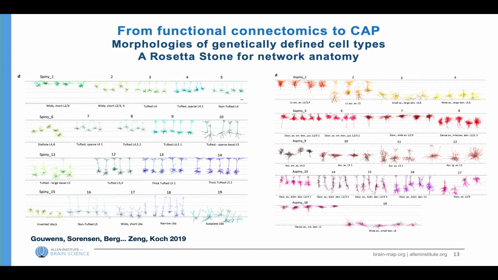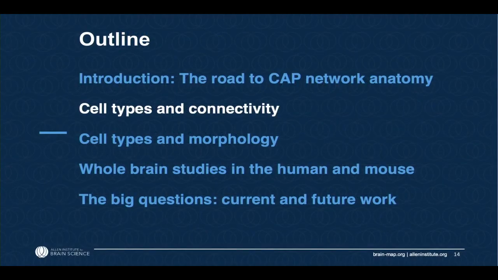But again, what did we all learn over the past number of years? That genetically defined cell types have their unique morphologies. If people don't know this figure, the various cell types and examples of cell types, we can use that as a Rosetta Stone to bring our connectomics or our anatomy into perspective.